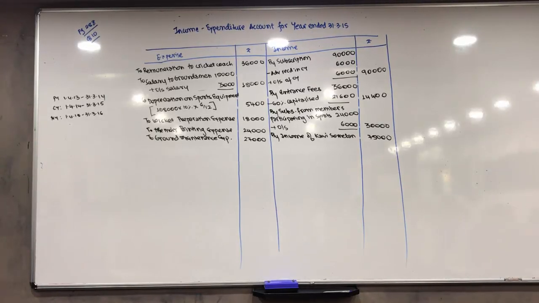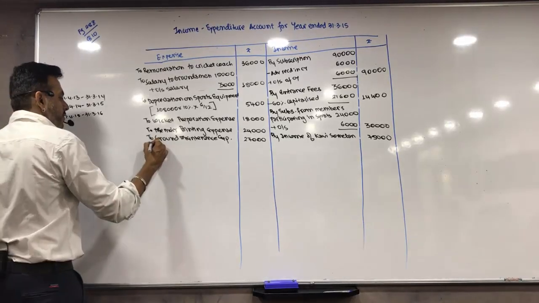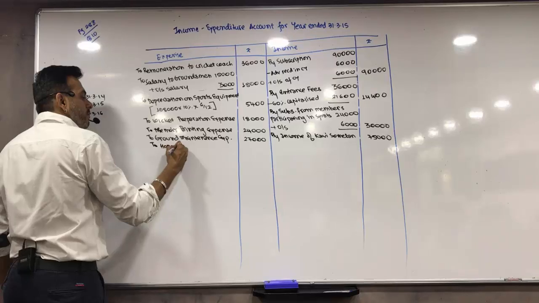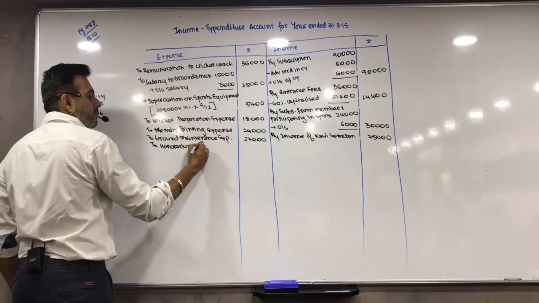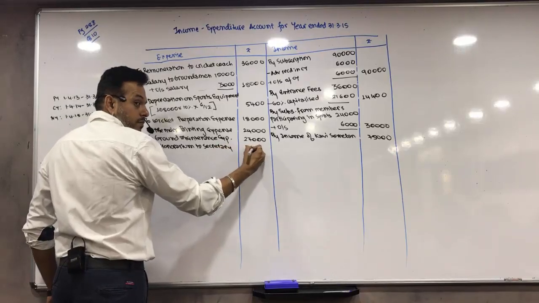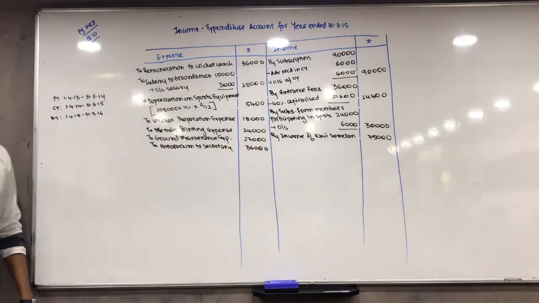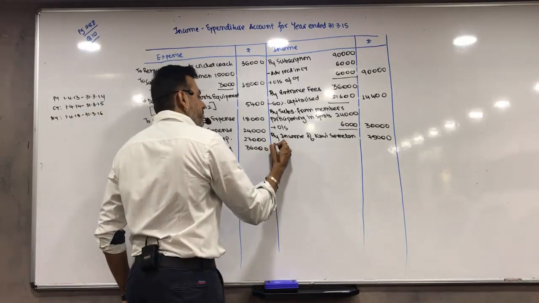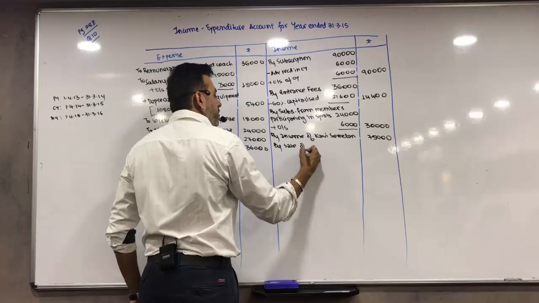Donation received, will it come? No. Honorarium to secretary is just like salary. To honorarium to secretary 36,000. Then sale of memoir for 72,000, by sale of memoir.